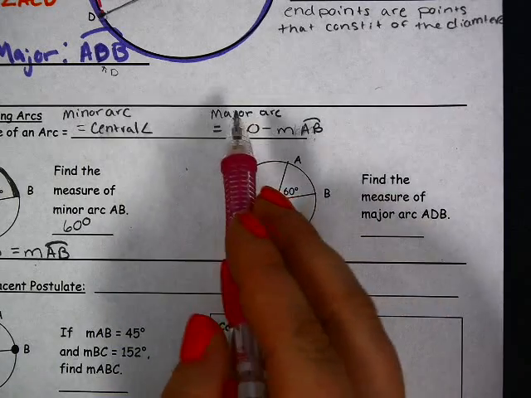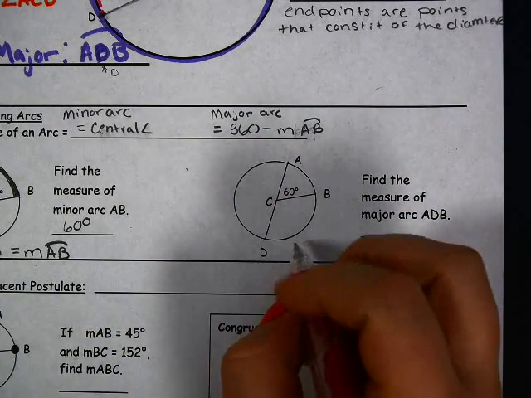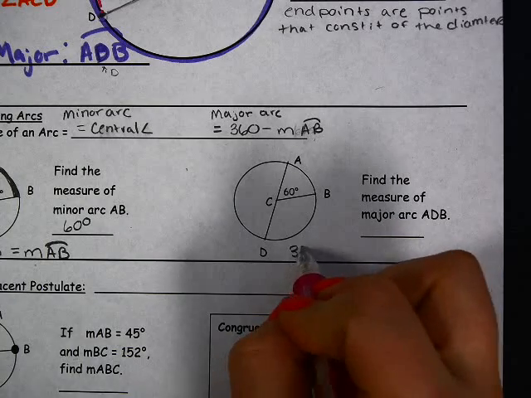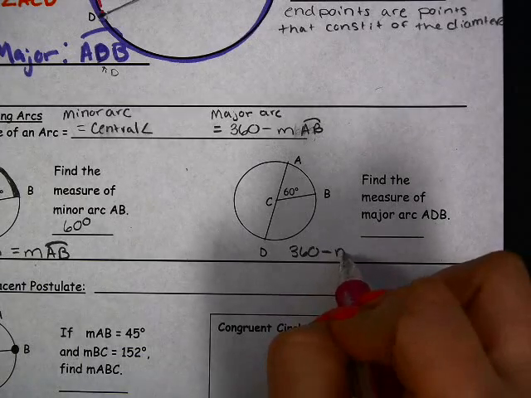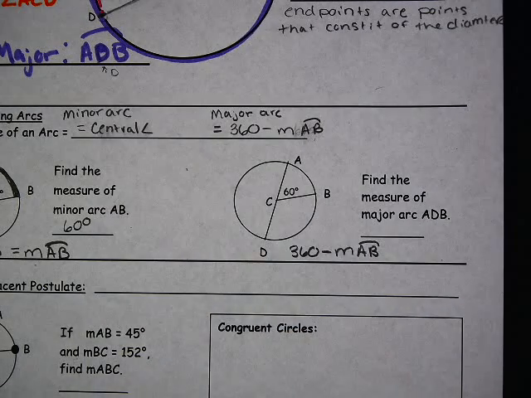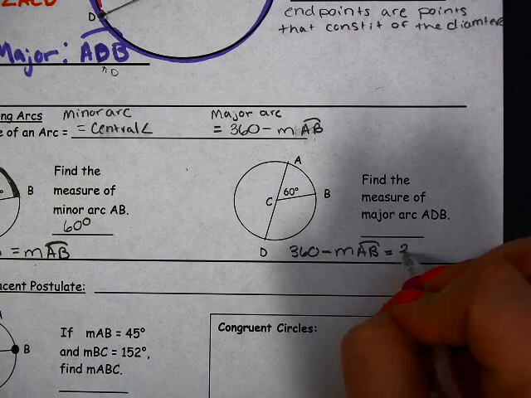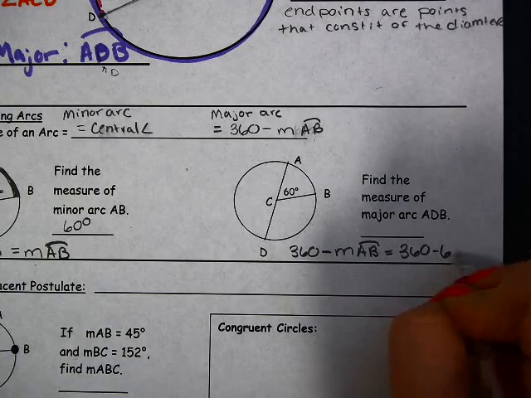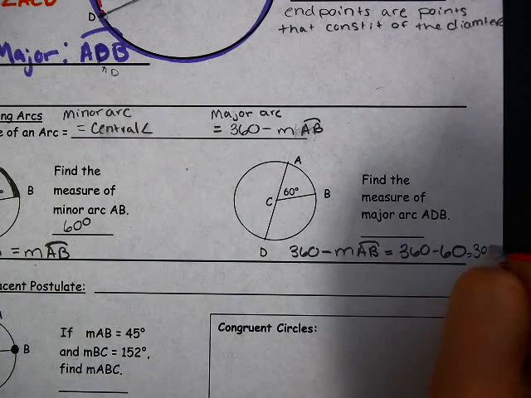Alright, now for our major arc, we know that it's 360 minus the minor, and so we do 360 minus the measure of arc AB, and we get that 360 minus 60 equals 300.